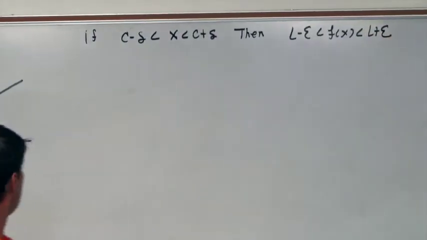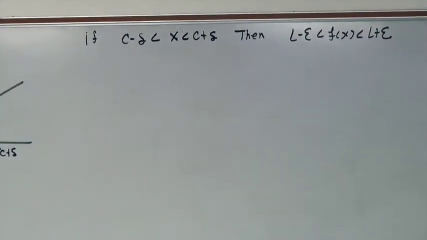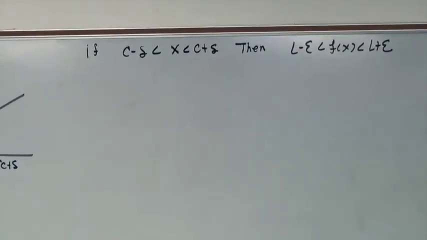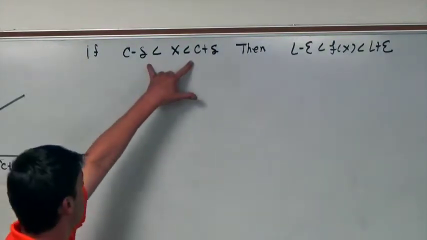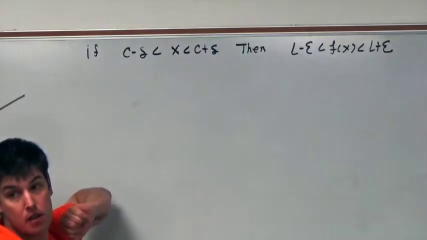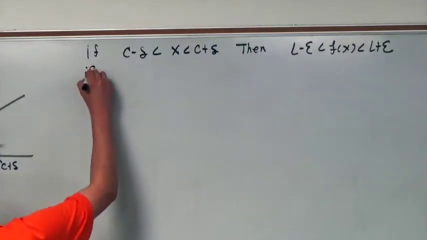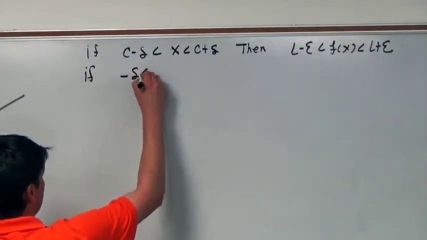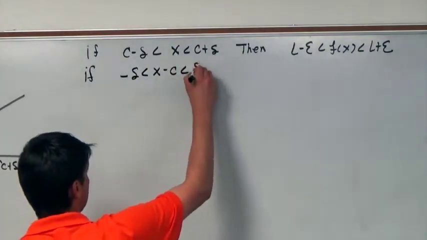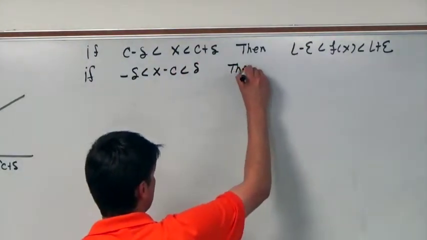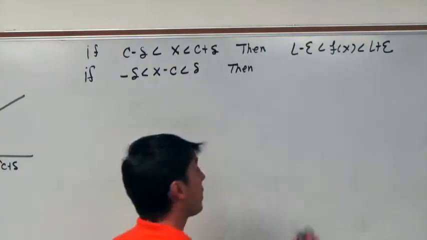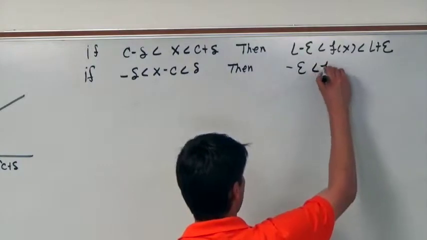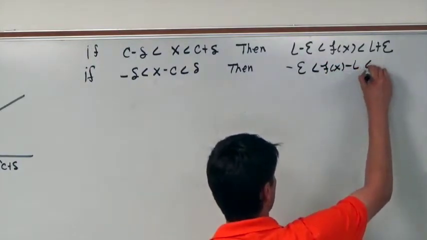We see that from the diagram. This is very similar to the if-then statement in the definition, but mathematicians have tried to compact it. From the first inequality, they subtract off a c, so it becomes: if negative delta is less than x minus c, which is less than delta, then, from the second inequality, they subtract off L: negative epsilon is less than f of x minus L, which is less than epsilon.